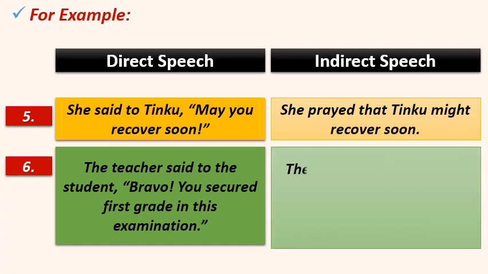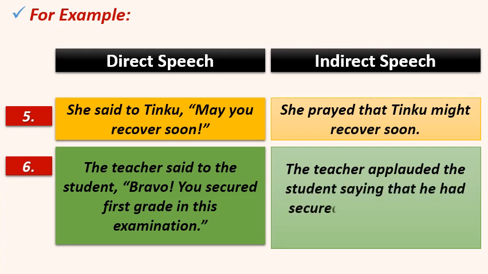So the sentence will be, the teacher applauded the student saying that he had secured first grade in that examination. As I have already explained, if bravo is there, you have to change the rule according to what I have explained in the previous slides.